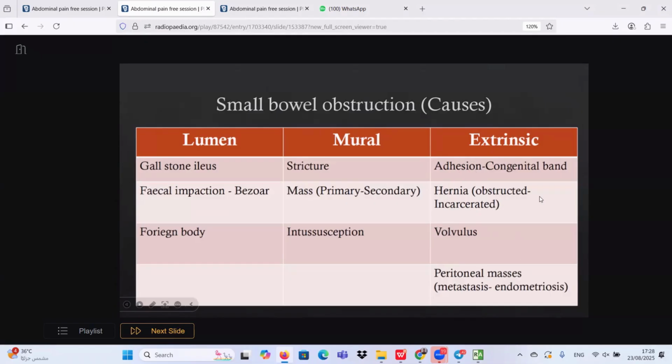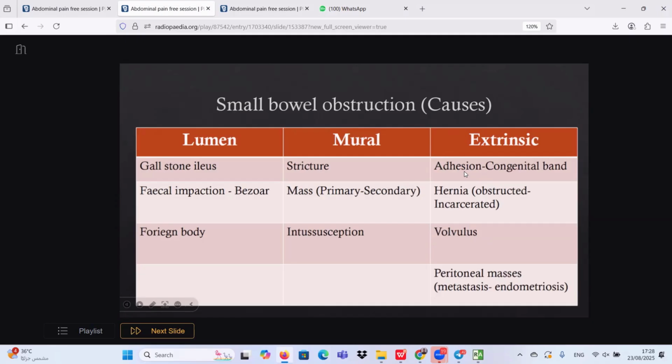If we have closed loop obstruction, these are the three causes: adhesive band, hernia, especially internal hernia, as we saw in one of our previous cases, an internal hernia inside the nephrectomy bed, and volvulus. Those are the most common causes for closed loop obstruction.